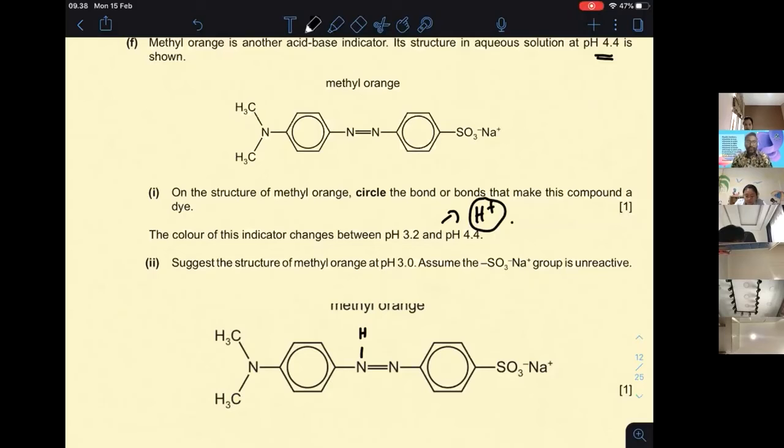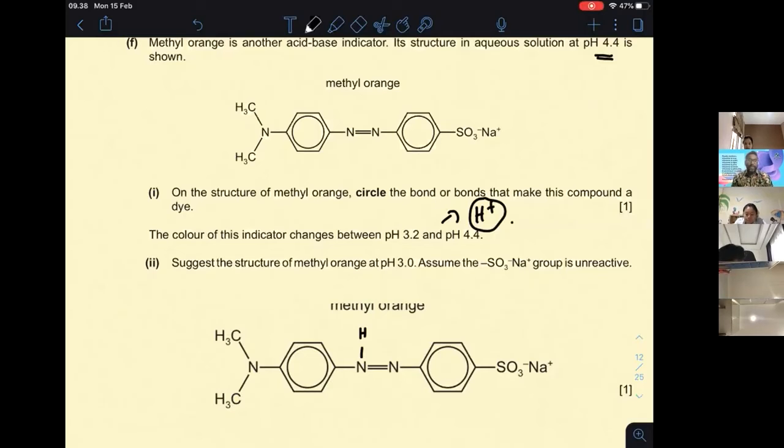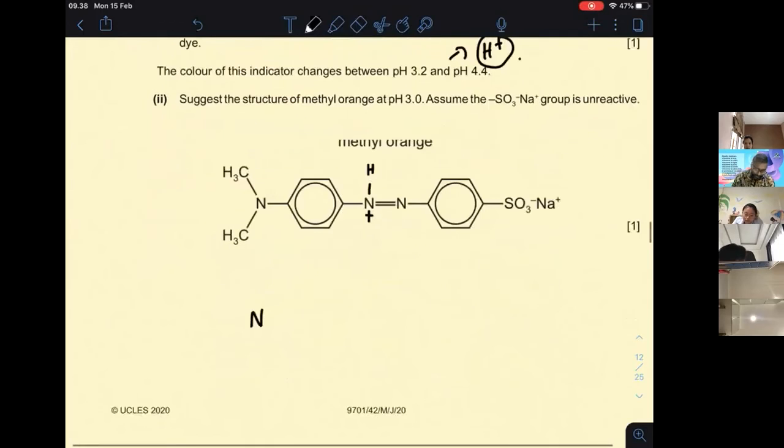So the charge of that H plus will come over here in this molecule. That's the reason why the positive charge will come over here, because it will take that charge. Similarly, I'll give you one example, ammonia.